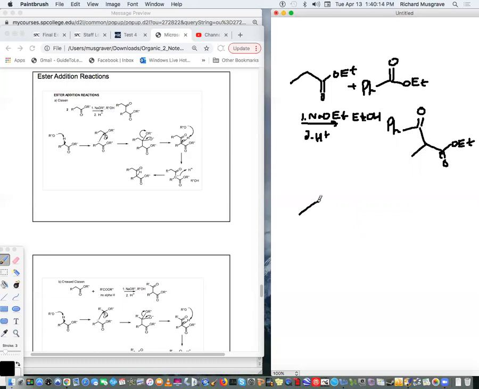So in this case, it's pretty easy to tell which one is going to have the alpha hydrogens removed, and that's the one that has the alpha hydrogens. And again, the attack is going to be on the one without the alpha hydrogens, because that's how the reaction is set up.